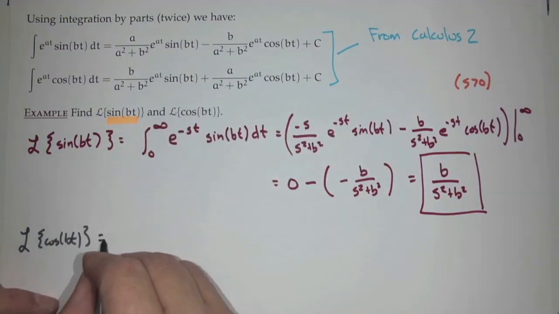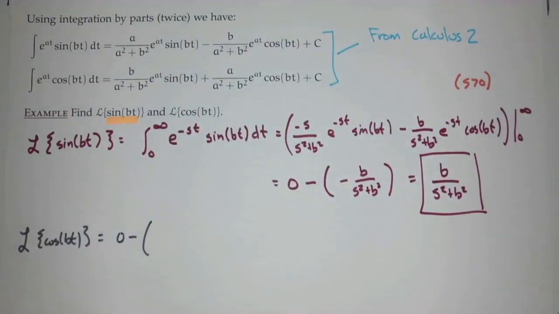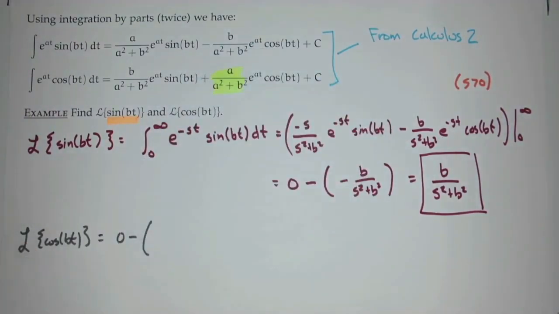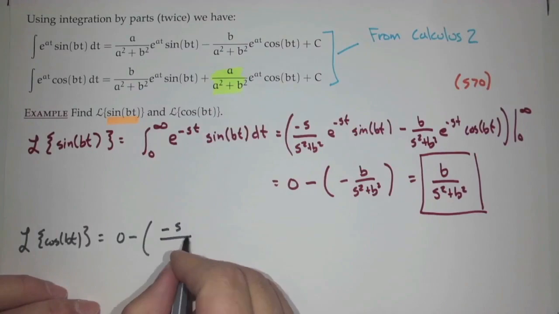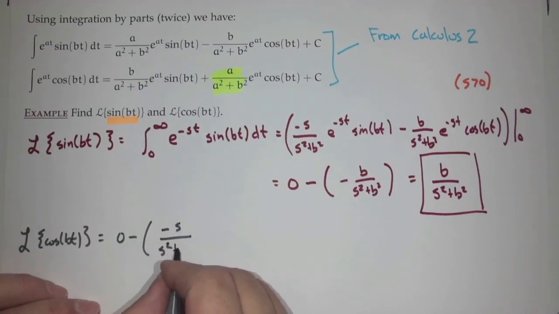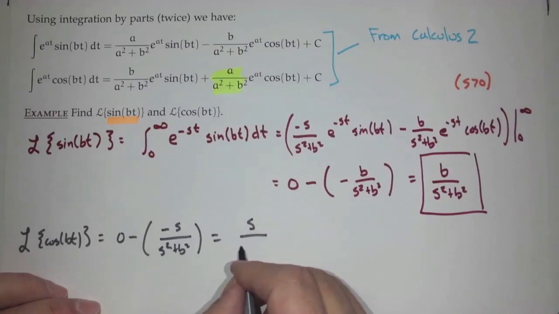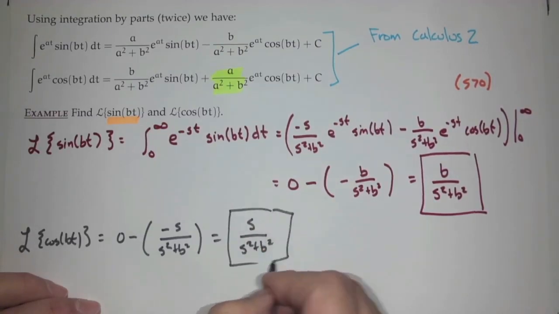So what you'll really have is 0 minus, and this piece is the key piece. This is the part that drives it: what's in front of the cosine term. And remember that a became minus s. And so the conclusion is, if you run through the details, you'll get s over s squared plus b squared.